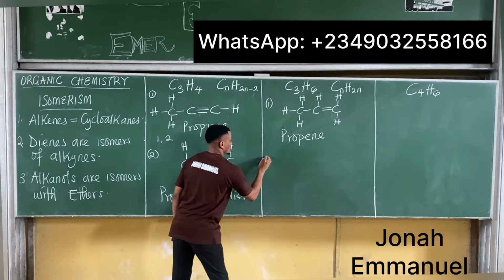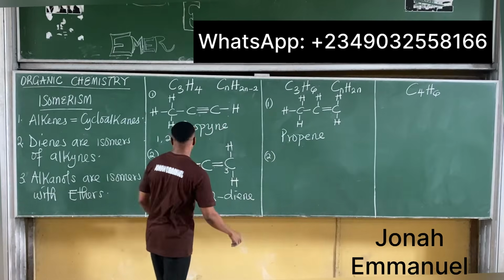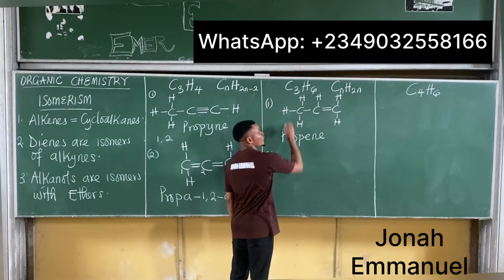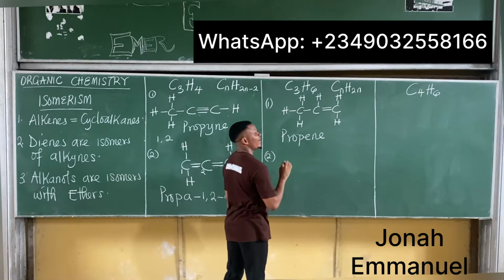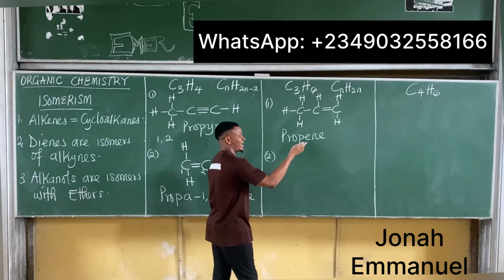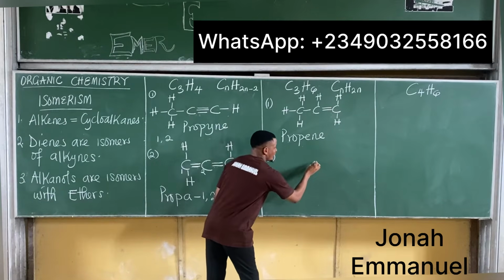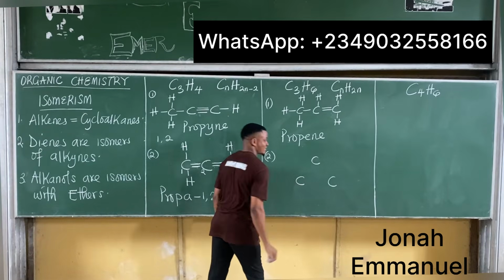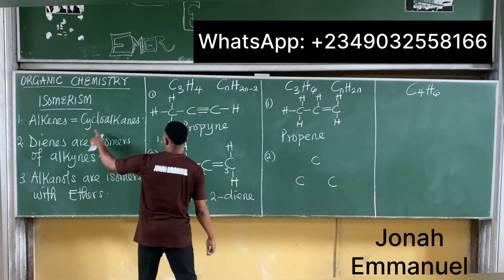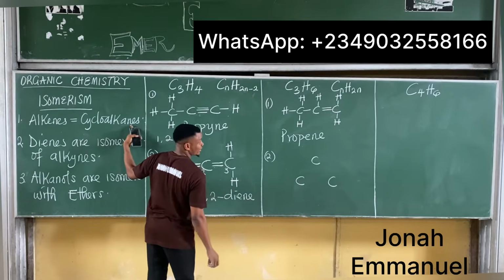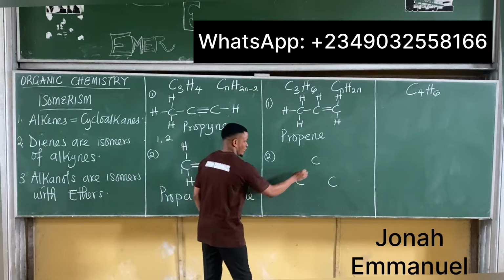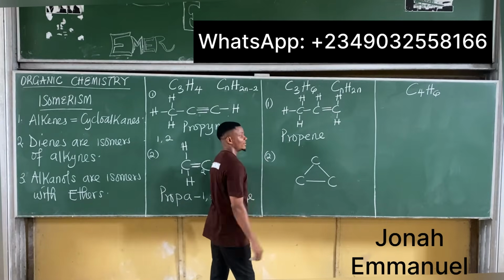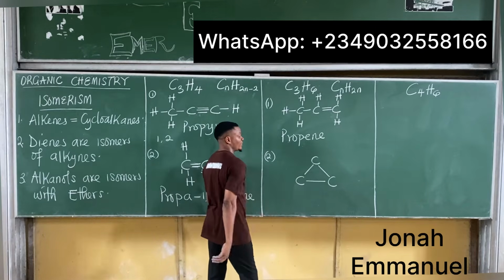My second structure, we said propene and cycloalkane. So it's as easy as using 3 carbons to form a cycloalkane. For the fact that it's a cyclo, it means what there? A ring structure. So I'll now arrange 3 carbons to give me a ring structure like this. Of course, it's a cycloalkane, so for an alkane I expect single bonds.